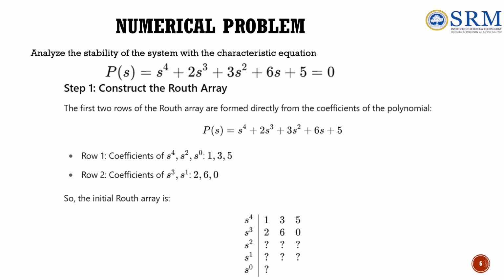For row 2, the coefficients of s^3 and s^1 are taken: 2 and 6, and we add 0 for the remaining space. So the initial Routh array is s^4: 1 3 5, s^3: 2 6 0.